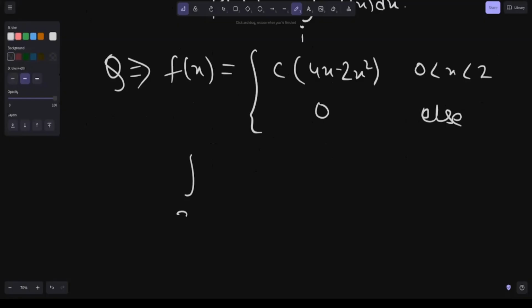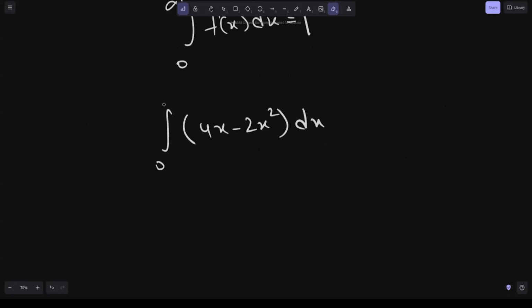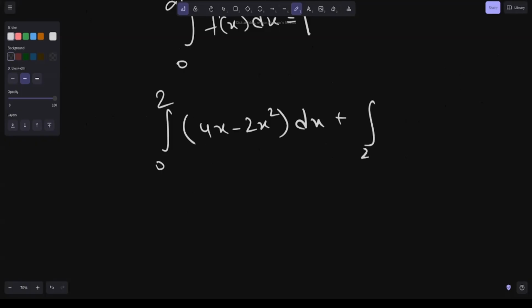So the integral from 0 to infinity of f(x) dx will be 1. So 0 to infinity of 4x minus 2x square dx. This part is from 0 to 2, and for the other part, 2 to infinity, it's 0.